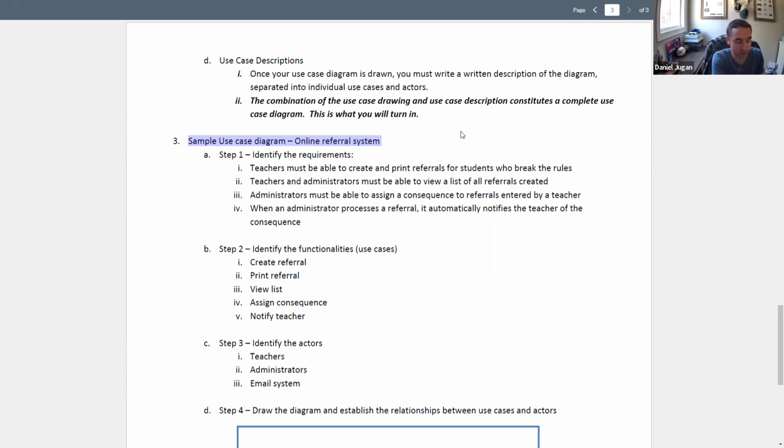Some sort of consequence or punishment needs to be issued, and the referral contains all of the written description of what happened and all of the information that an administrator would need in order to deal with the situation. Okay, that's what a referral is.